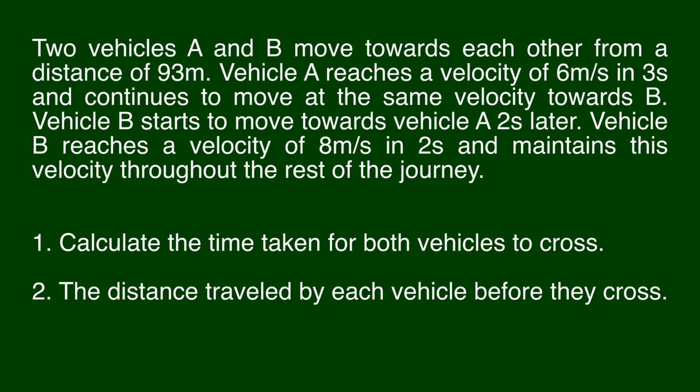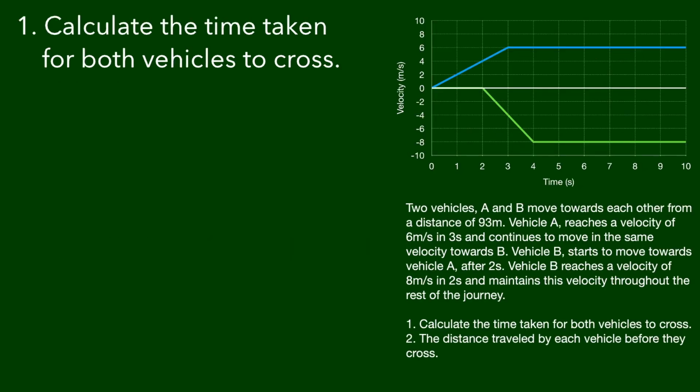Like in the previous exercise, first we need to draw the velocity time graph. The 2 vehicles are going in the opposite direction. Therefore, when we draw the graph, we need to be mindful of the direction of displacement and velocity. In this graph, the displacement of Vehicle A is drawn in the positive y direction, and the displacement of Vehicle B is drawn in the negative y direction.